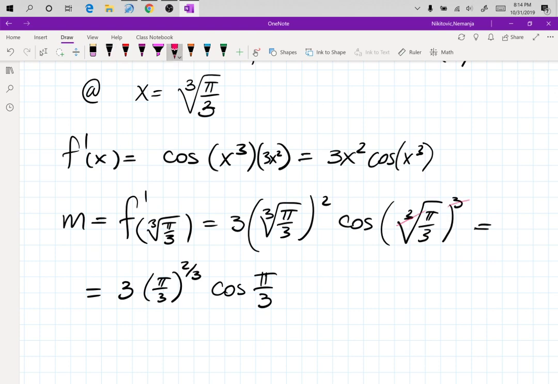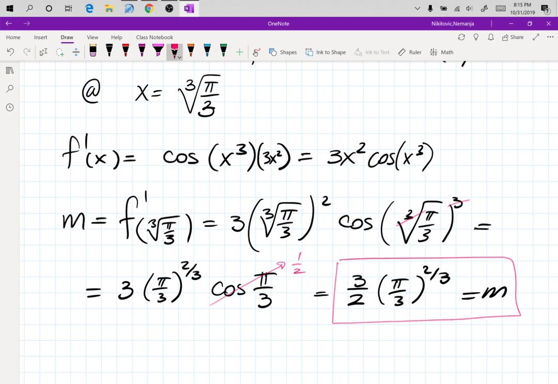Now, cosine of pi over 3 is very good, and that gives us 3/2 of pi over 3 to the 2/3 to be our slope. I know it's not pretty, but that's the function you came up with instead of looking up one in the book.